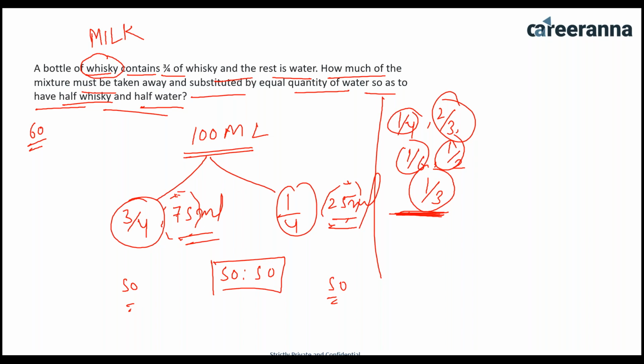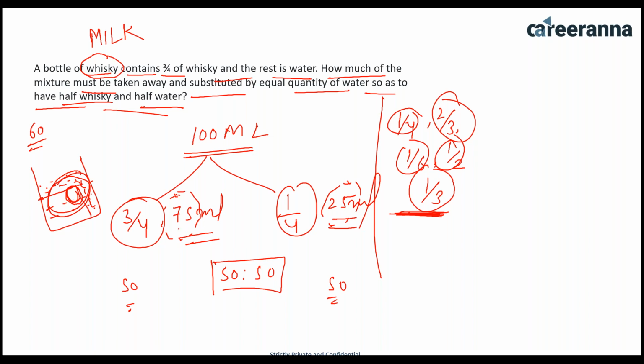If I remove 25 out of this, I cannot directly remove 25 ml of whiskey because there is water also. In a bottle, there is whiskey and water both. If 75% is whiskey and 25% is water, I cannot remove whiskey directly. I have to remove from all.